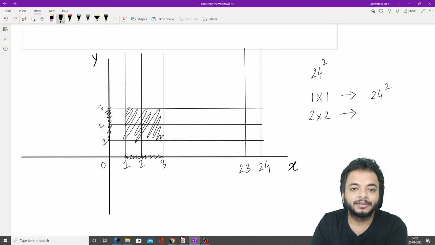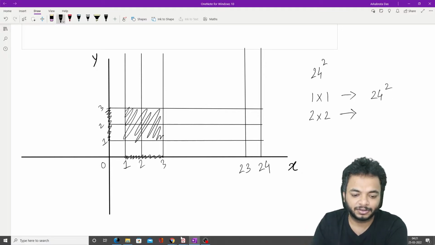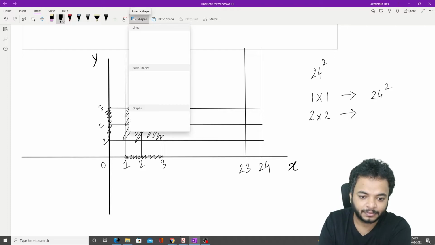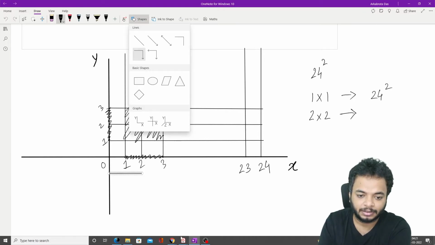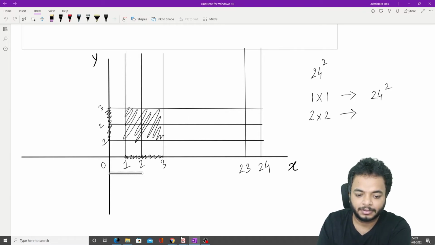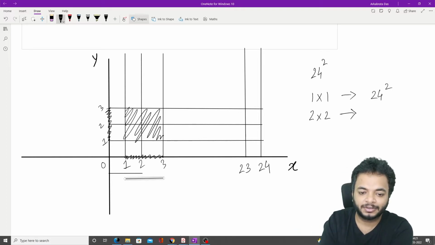Then you are selecting from 1 to 2, 2 to 3. Okay, and so on and so forth. So this is the first one, and then this is the second one, and so on and so forth. You can continue like this, and now try to understand.